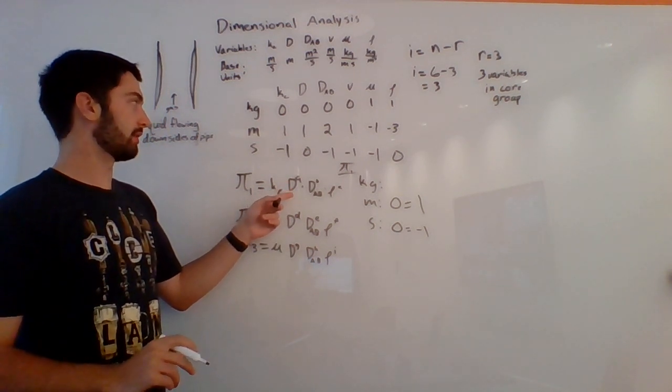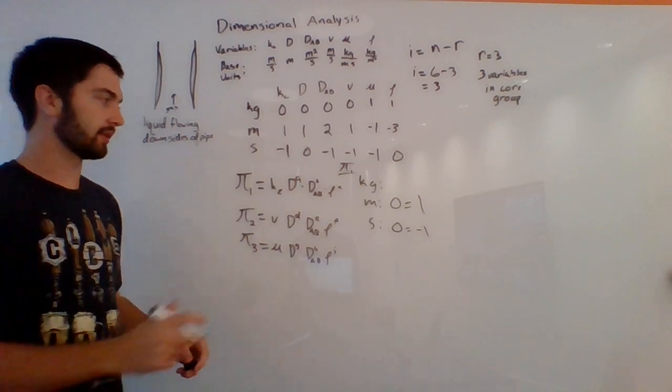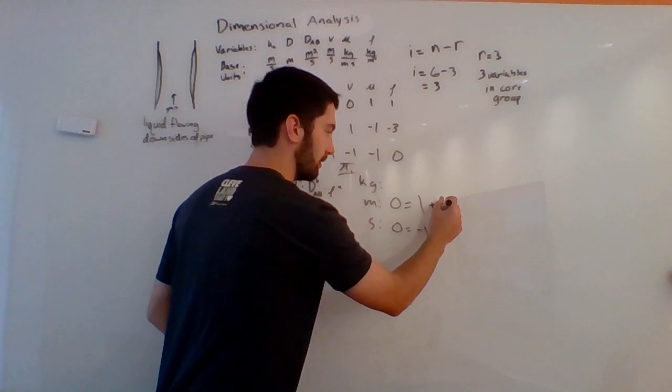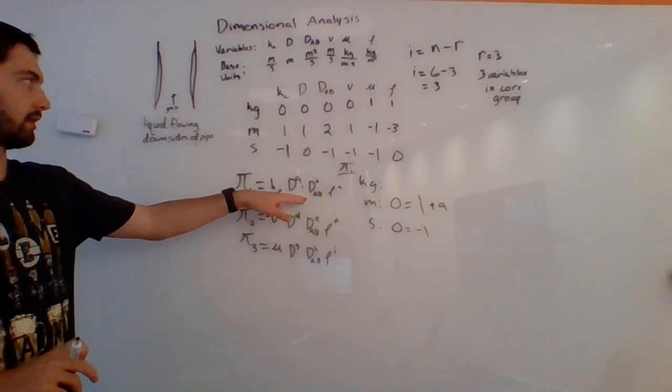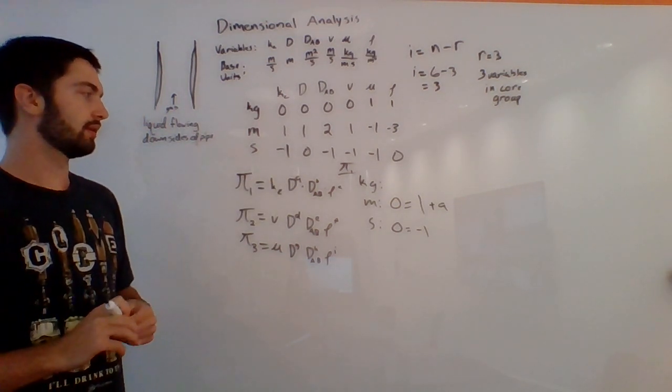So the pipe diameter is just meters. So since that is A, we can say meters is plus A. And then for the next thing, the mass diffusivity, it's meters squared per second.